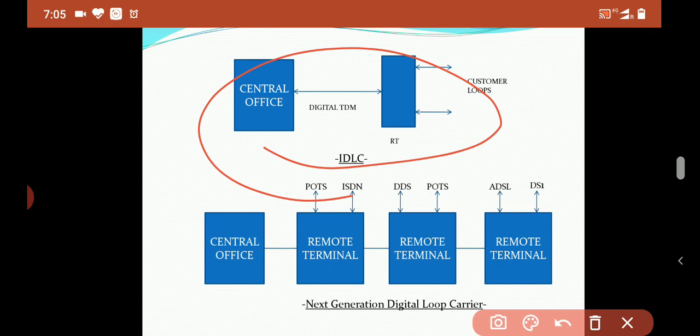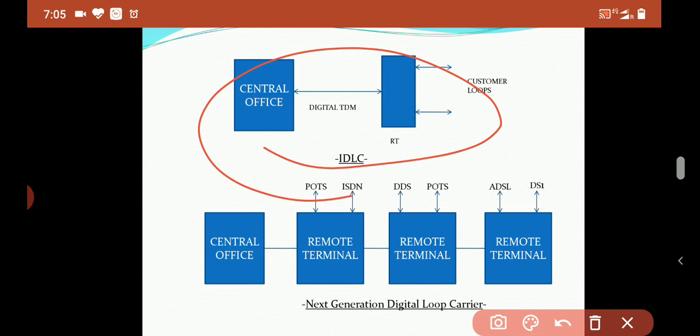So we can conclude that in case of UDLC and IDLC, the main difference is that there is no analog interface and no multiplexing between COT and RT. So direct connectivity is there between the central office and RT. This is the important difference between UDLC and IDLC.